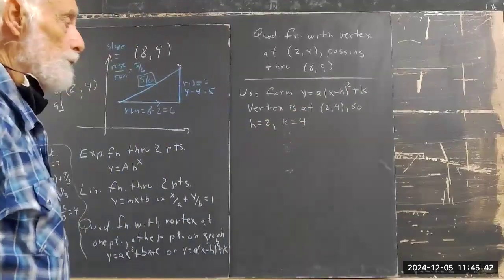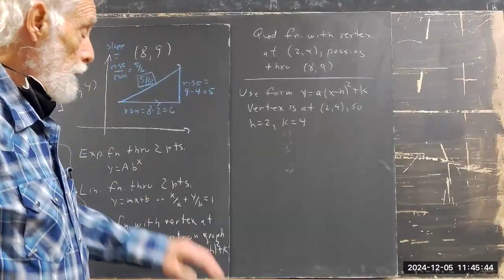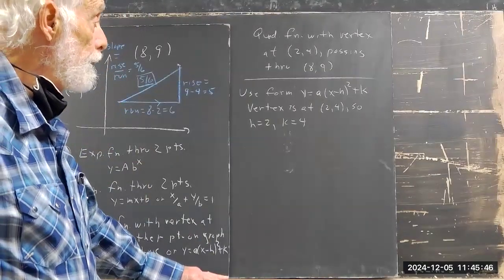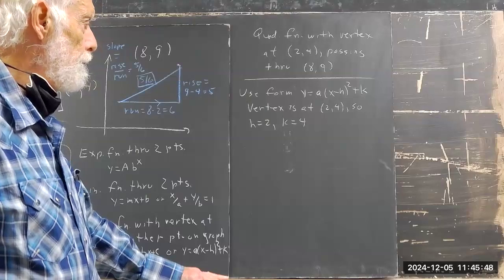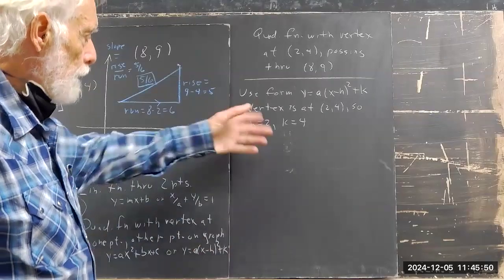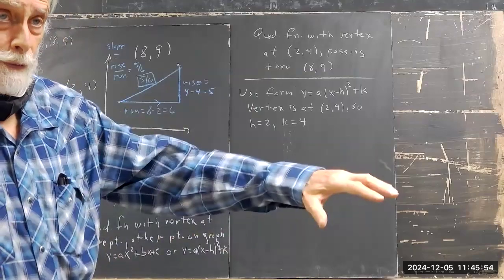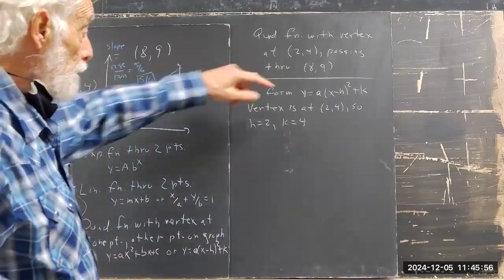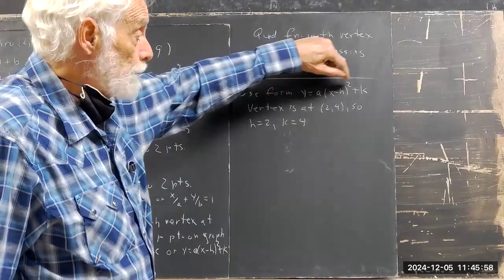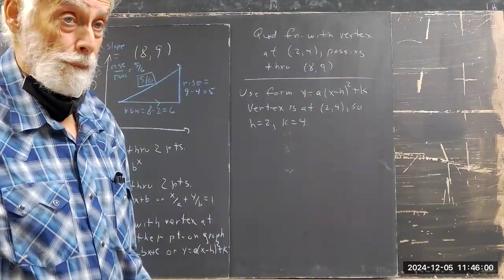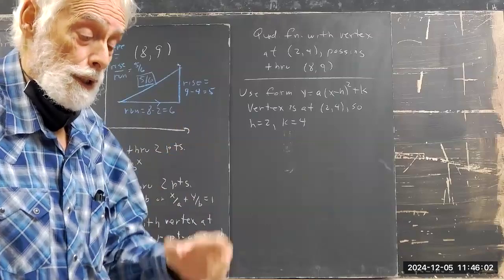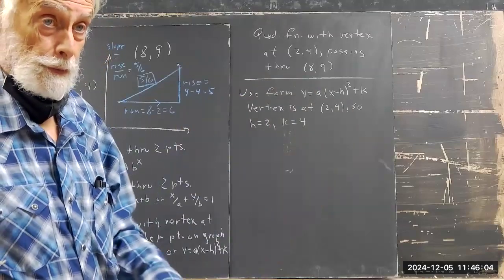Now, we definitely want to see this in the context of a transformation of the basic toolkit squaring function. Okay, because that's all this is. This is a f of x minus h plus k. But f of x is the x squared function.